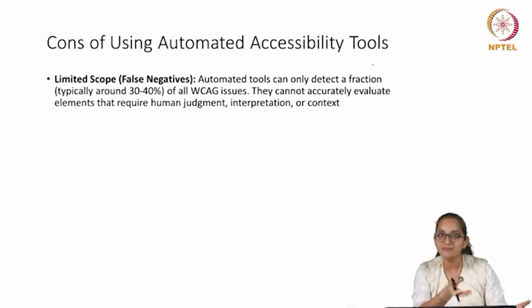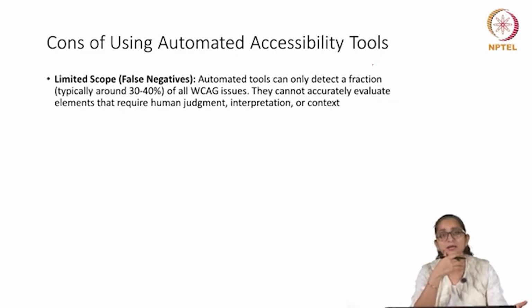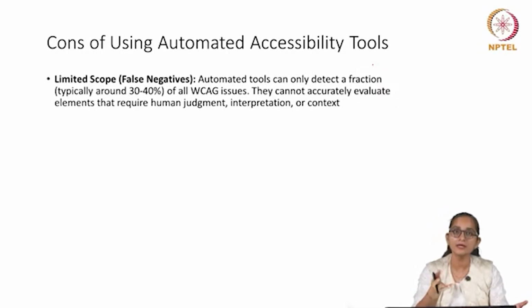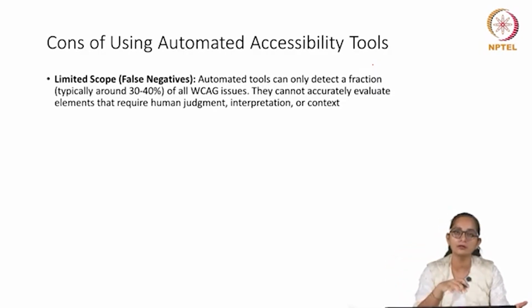If it does not have any meaning, then it fails to fulfill the criteria listed under the understandability principle. Many times those understandability issues are very humane issues which may not be captured by automated, software based evaluation tools. So that requires human judgment.